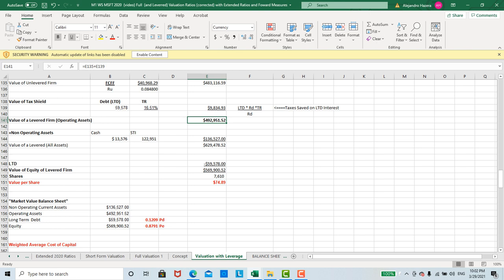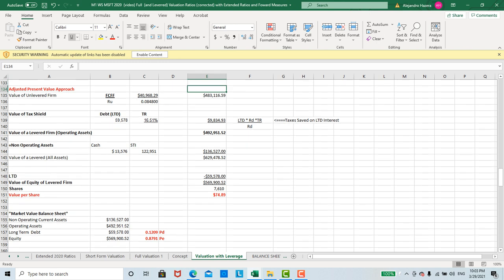Now we just add in some non-operating assets, take out some debt, and we're going to have the same number, obviously. But you've got to compare how we got there.